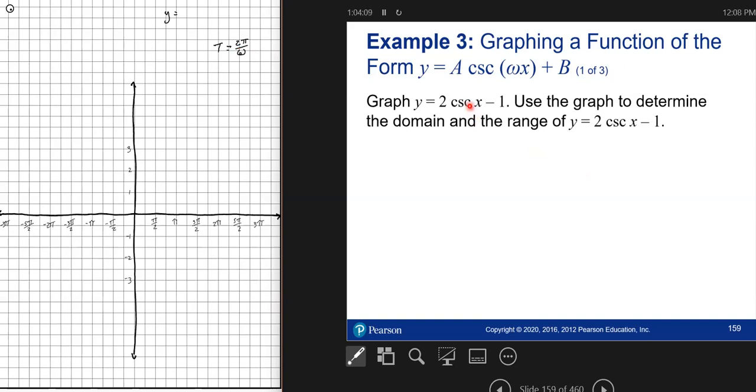In this case, omega is 1. So our period in this case is still going to be 2 pi. So we have 2 times cosecant of x minus 1.